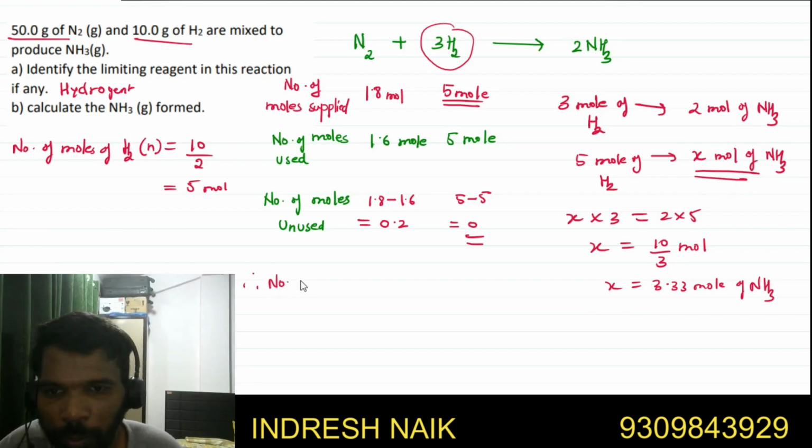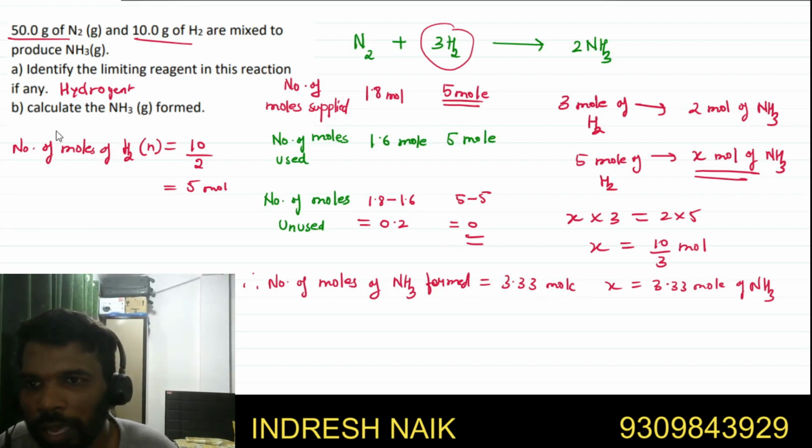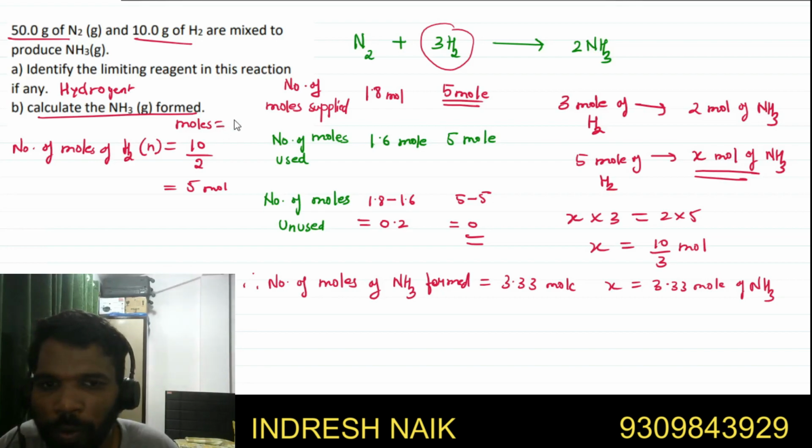Therefore, number of moles of NH3 formed is 3.33 mole. Now, in the question it is not mentioned whether it is weight or moles, so the amount is just 3.33 moles.